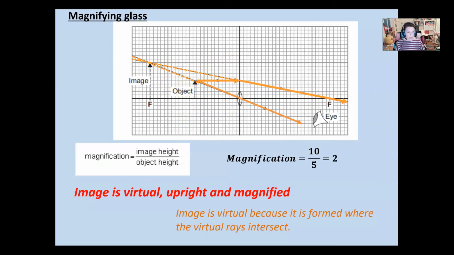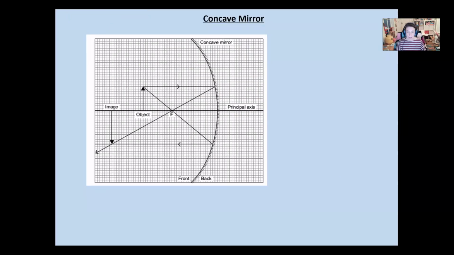So an image is virtual when it's formed where the virtual rays intersect. So a real image is formed where the real rays intersect. If you have a mirror, mirrors reflect light, so they reflect light through their focal point. So you can see a parallel line is reflected through the focal point, and a line through the focal point goes parallel.